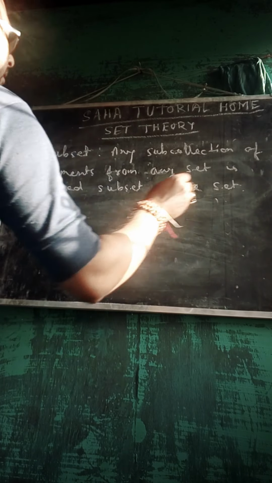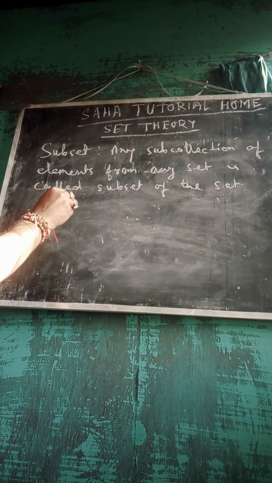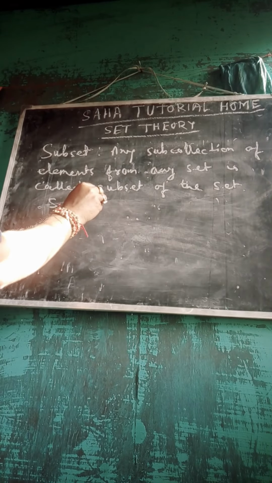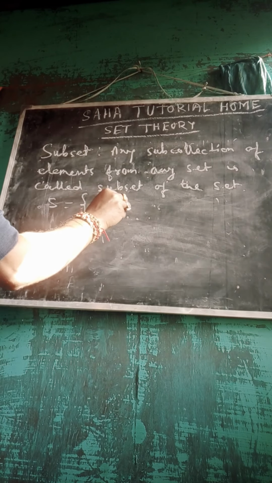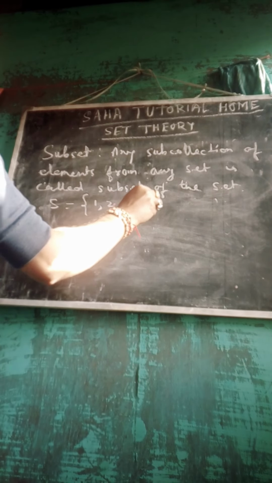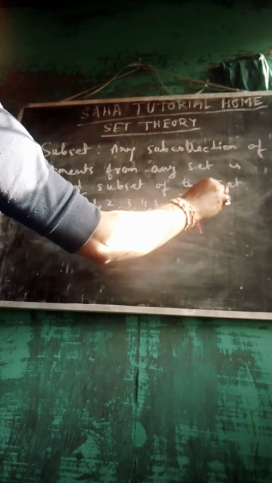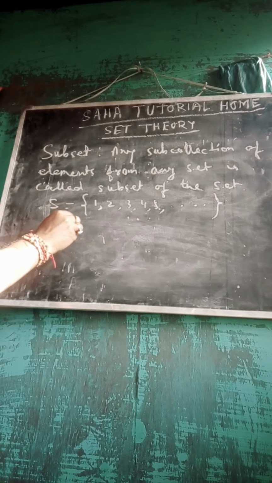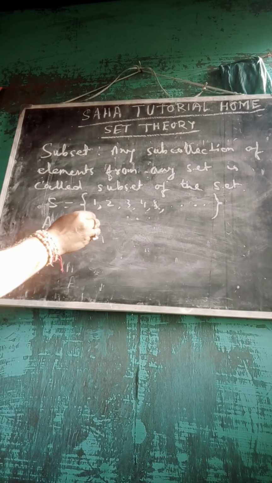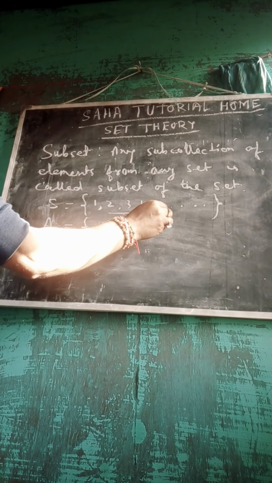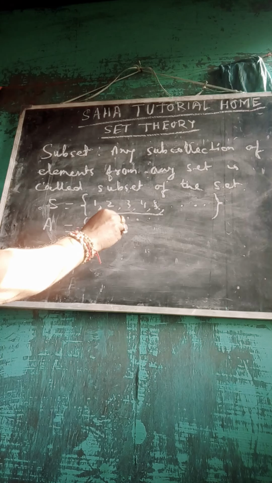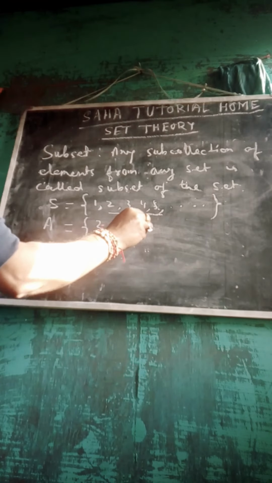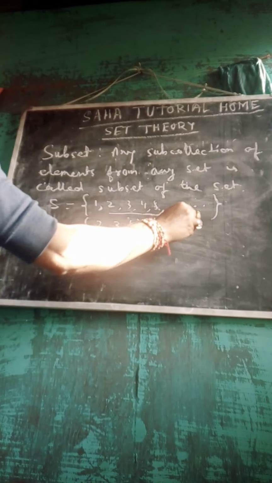Like you take the set S equal to all the natural numbers 1, 2, 3, 4, 5, 6 and so on. For a subset, you can take any subcollection of members. I am taking 4 members: 2, 3, 4, 5. So this is called a subset.